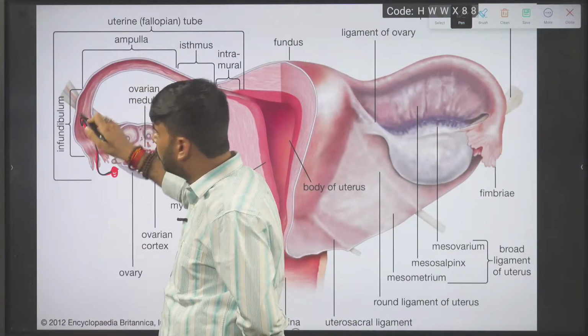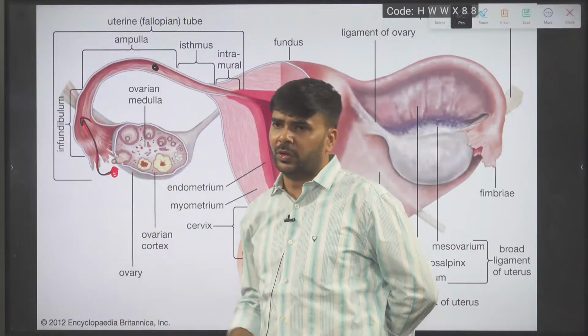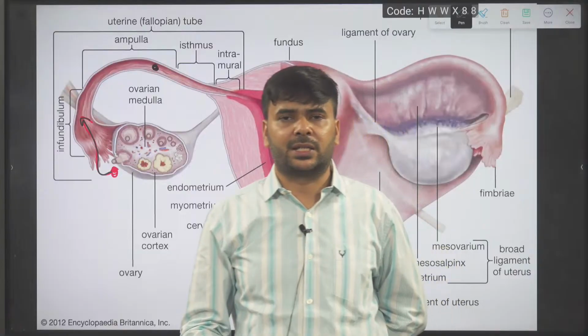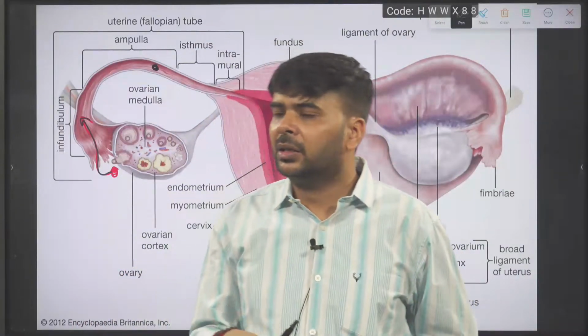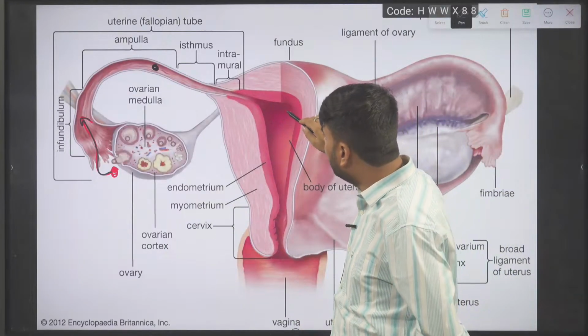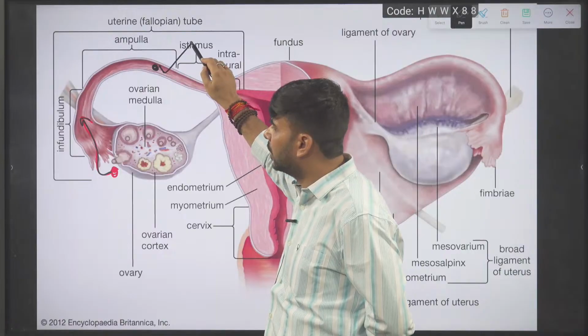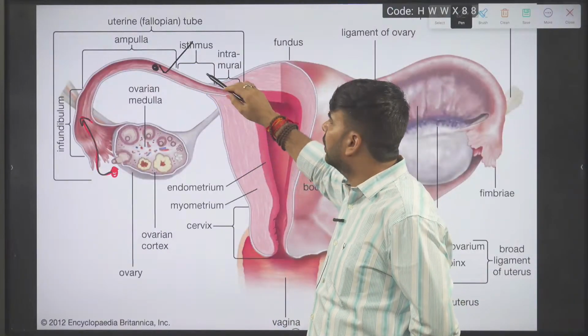Inside the fallopian tube, it waits for fertilization. If sperm is available, then fertilization is done. If sperm is not available, then it is destroyed.